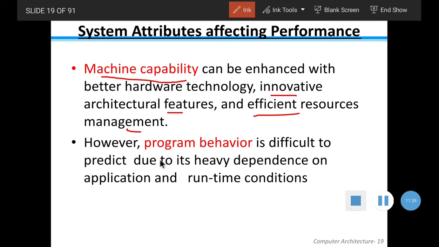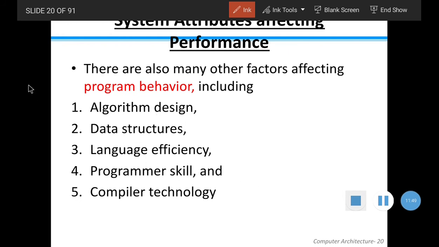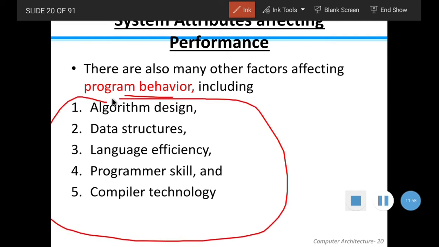However, program behavior is difficult to predict due to its heavy dependence on the application and runtime conditions. We have already discussed the things which affect program behavior: algorithm design, data structures, language efficiency, programmer skill, and compiler technology.